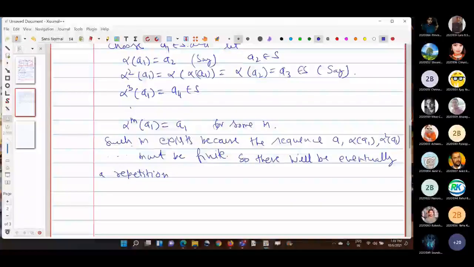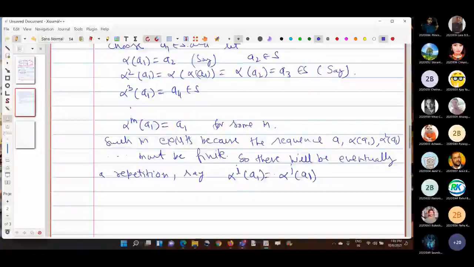Okay, so eventually there is a repetition. We may fall here: alpha to the power i of a1 equals alpha to the power j of a1, that is, we are composing them i and j times.